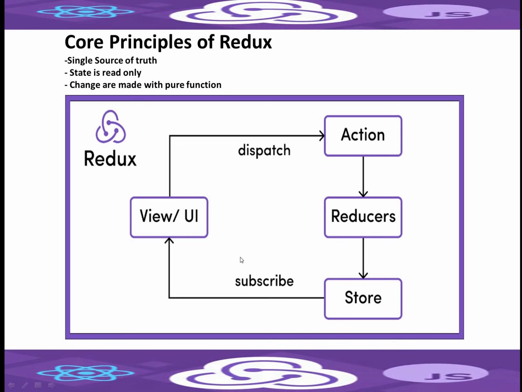So this is the simple cycle of Redux, and these are the core principles of Redux: dispatch action to reducer, reducer updates store, and the store is mapped to the UI.